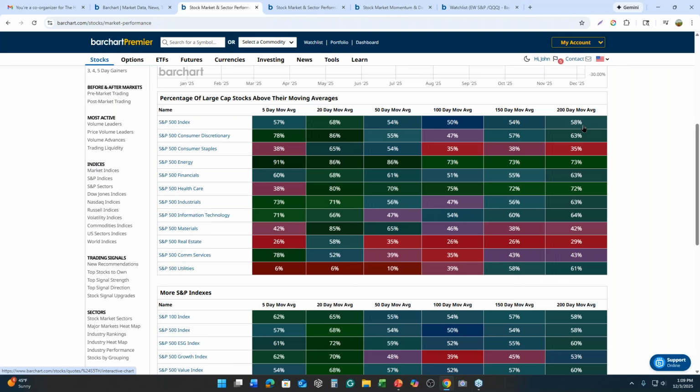But we also want to be aware of trend. In other words, we're going to look at these values and see: is this percentage rising? Is it falling? Or is it rolling over? We also want to be aware of extremes. For instance, if we get 80% above the 200-day moving averages, that could be exuberance, telling us we might be near a top.